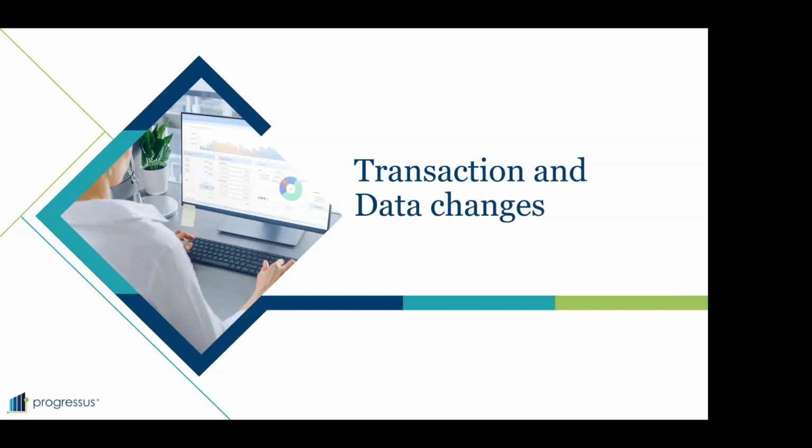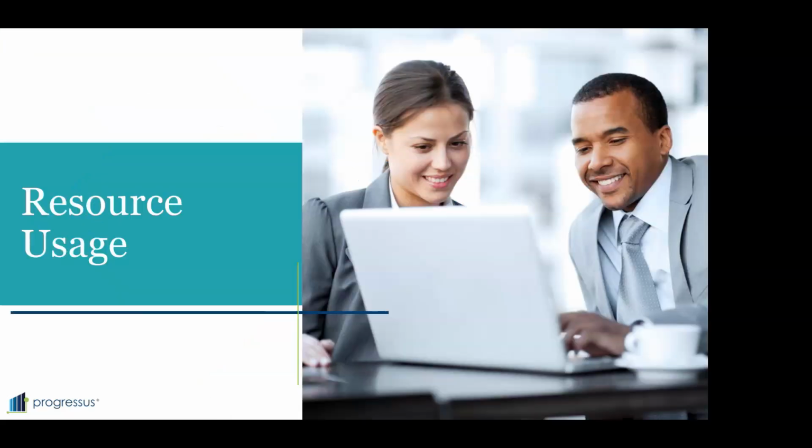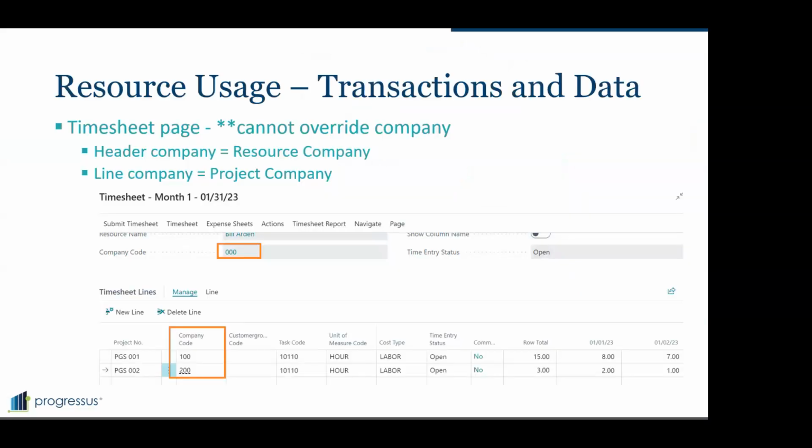The transaction and data changes that have occurred because of our collaboration with MEM related to resource usage are as follows. When a timesheet is created and entered, the user will see the company of the resource in the header of the timesheet. There's a master company on the resource card, and that drives the company header.